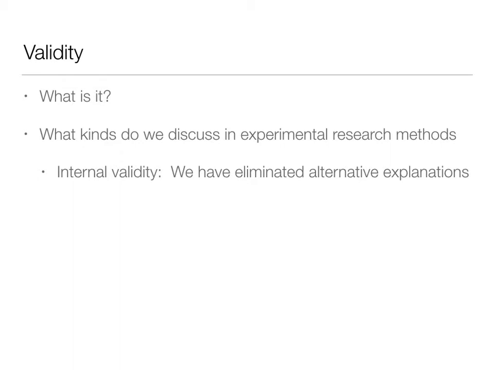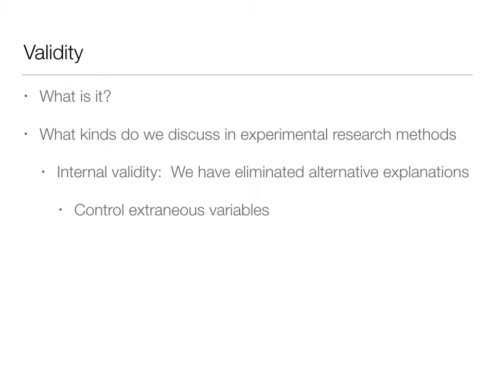And one of the ways we mostly do this is by controlling external variables. Any variable outside our independent variable that we're manipulating and our dependent variable that we're measuring is an extraneous variable. And again, we need to figure out some way to control those. We either control them through various control techniques, or we make them a constant and take them out of that variable condition as a whole.